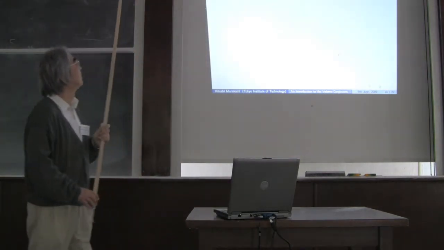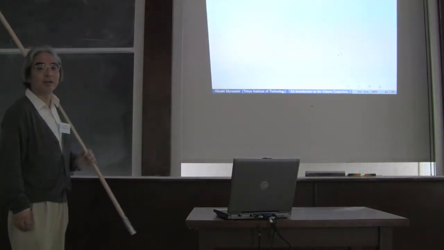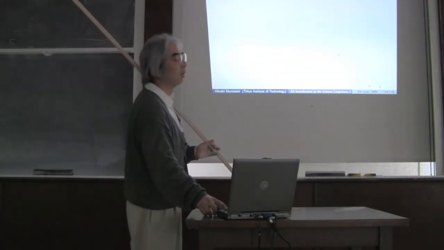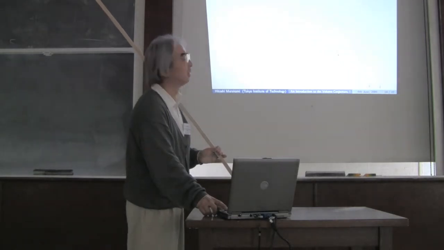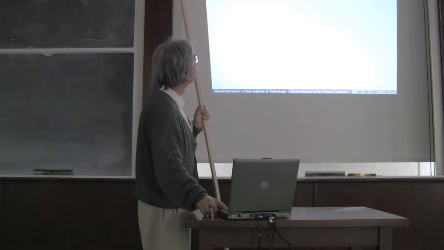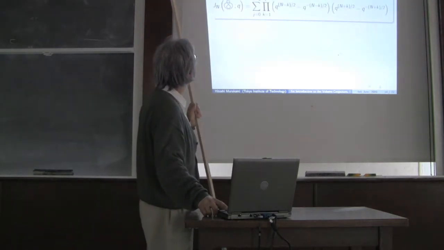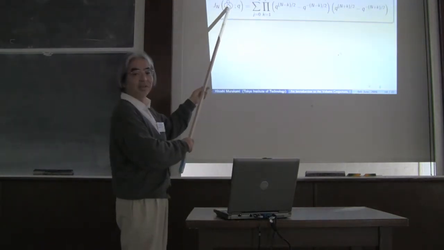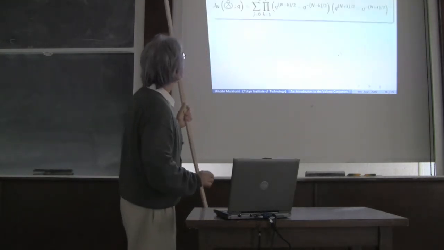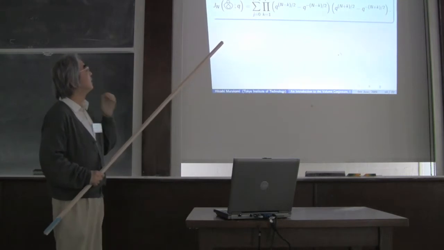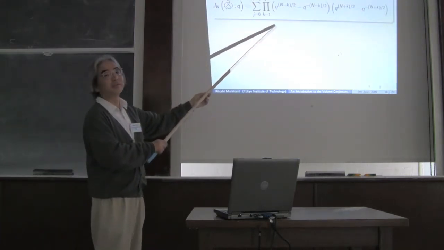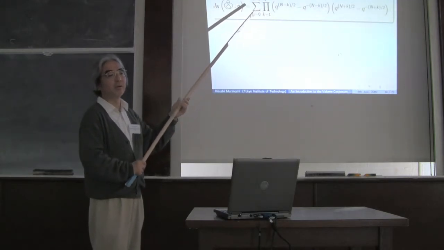So next I will give a complete proof of the volume conjecture. Unfortunately, only for the figure-eight knot, because it is difficult. So this is the figure-eight knot, and it is rather difficult to prove this closed formula for it.